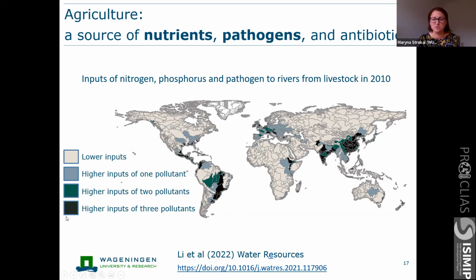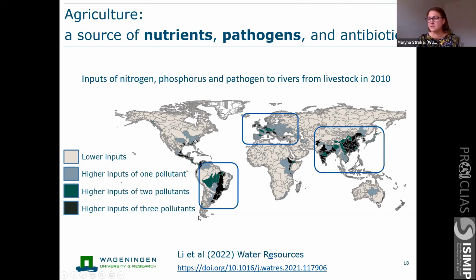And then if you go to the darker color, then you have higher inputs of one pollutant or two or three. And if you look at the regions in Europe and in many sub-basins in India and in general in South Asia, a lot of pollution, so a lot of nitrogen, phosphorus, and pathogen from livestock production compared to the other rivers in the world.